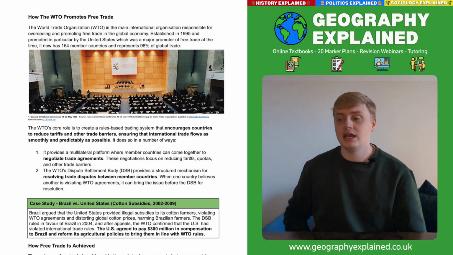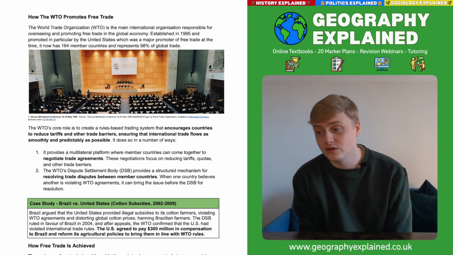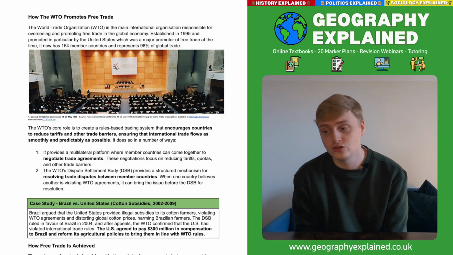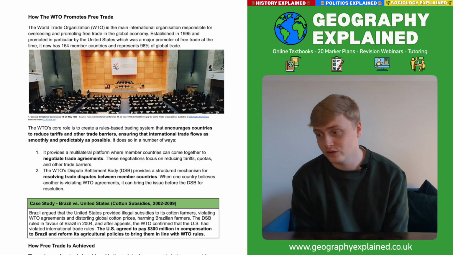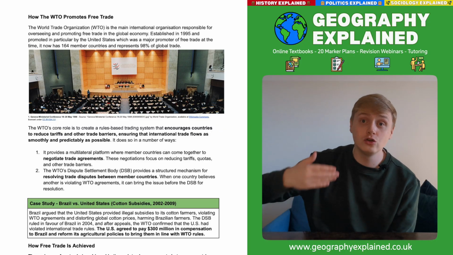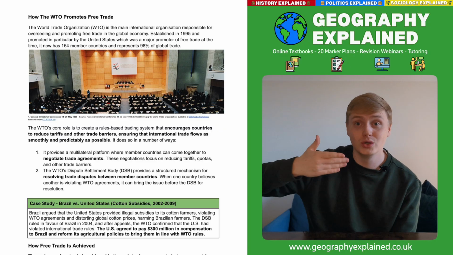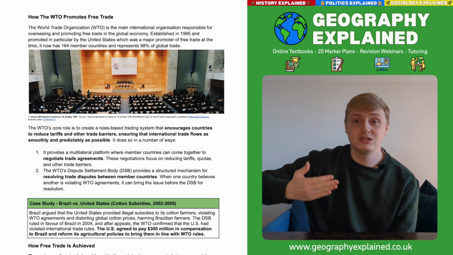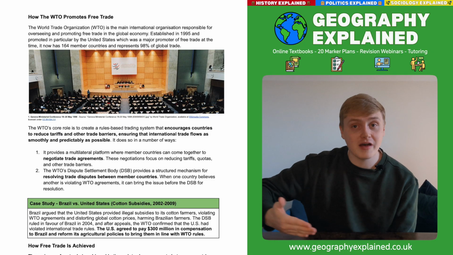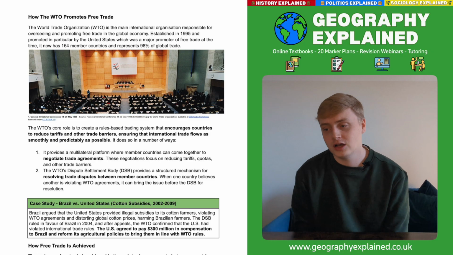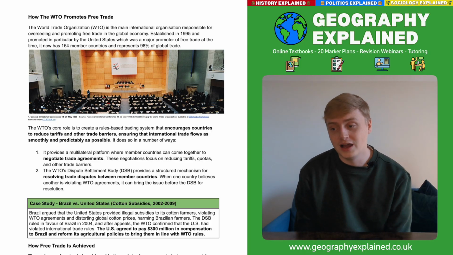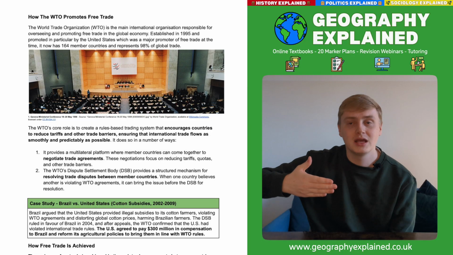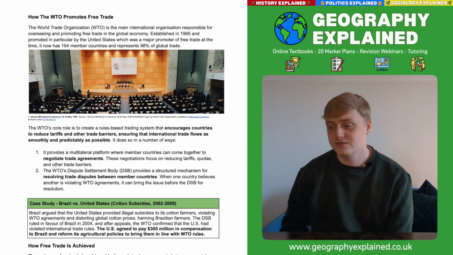And it did so in this case study of Brazil versus the United States in 2002-2009. Brazil argued that the United States was providing illegal subsidies to its cotton farmers, so effectively giving too much money to United States cotton farmers to give them an unfair advantage over other countries. And this effectively violated free trade and WTO agreements because it violated the free market and had too much state intervention.